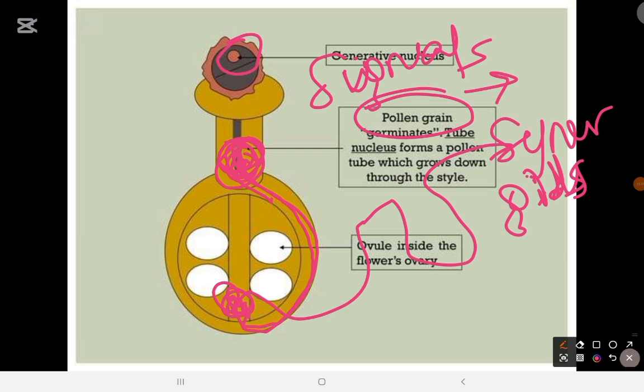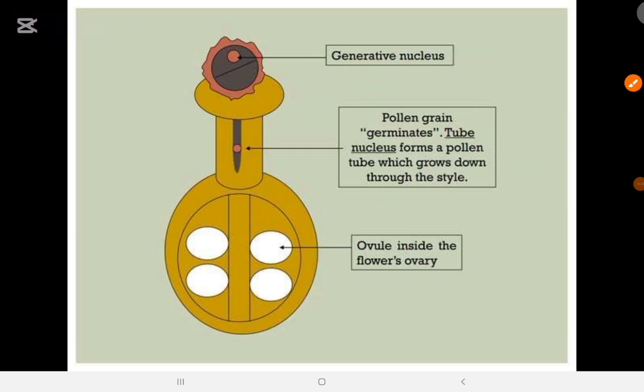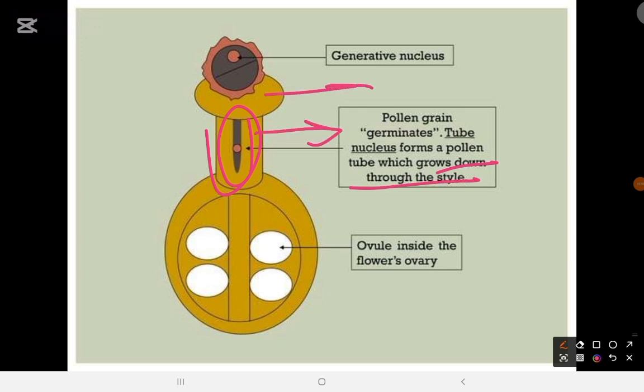It directs the growth towards the embryo sac. So the pollen grain germinates into a pollen tube. This is called the pollen tube. The tube nucleus forms a pollen tube which grows down through the style. This is the style, this is the stigma, this is the ovary. These are ovules inside the flower's ovary.